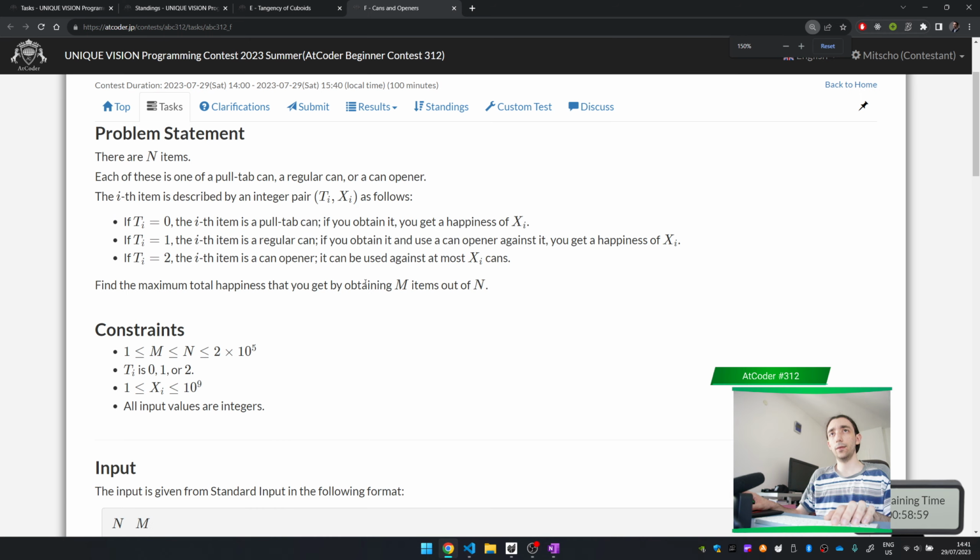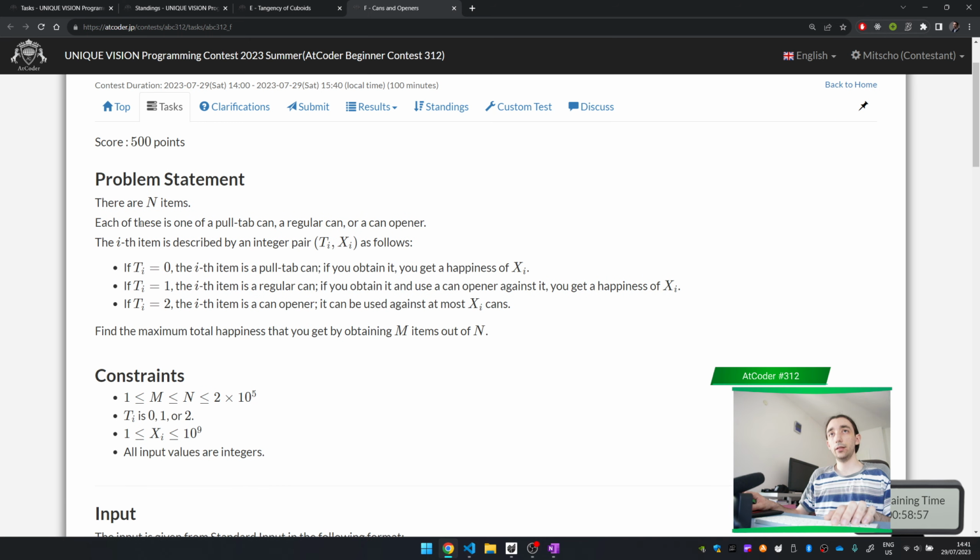Okay, let's go to F. There are n items. Each of these is one of a pull tab can, a regular can, and a can opener. It's described by an integer ti and xi. If ti is 0, it is a pull tab can. You get happiness of xi.